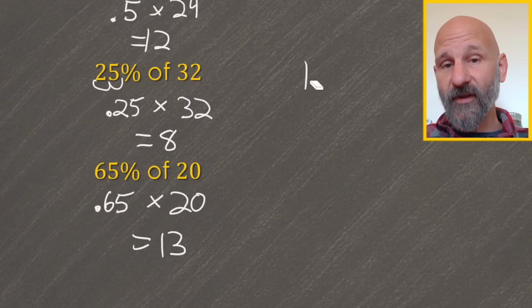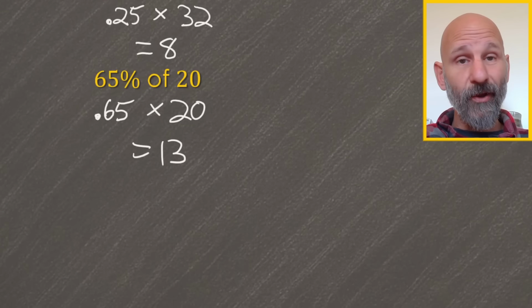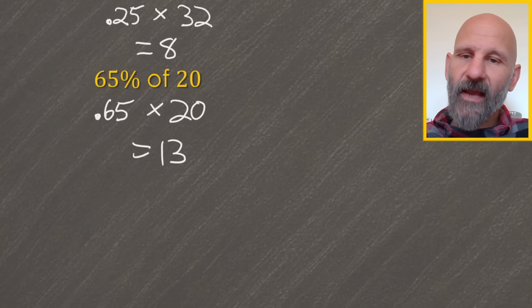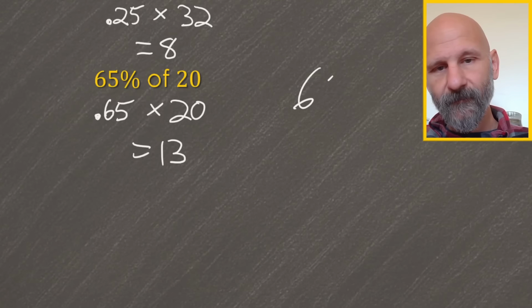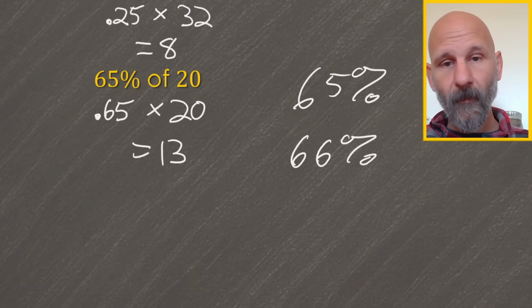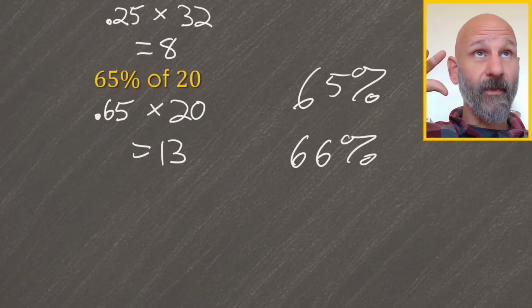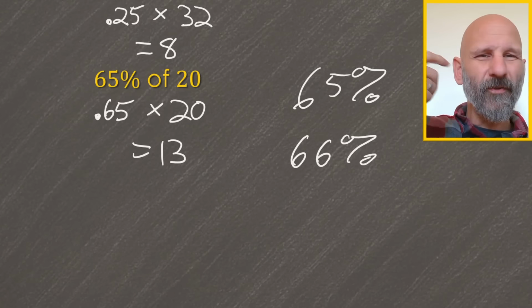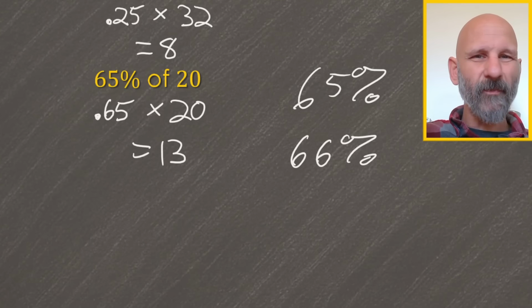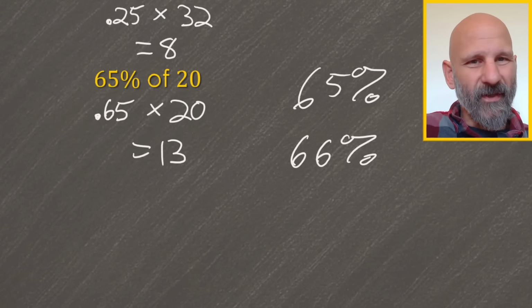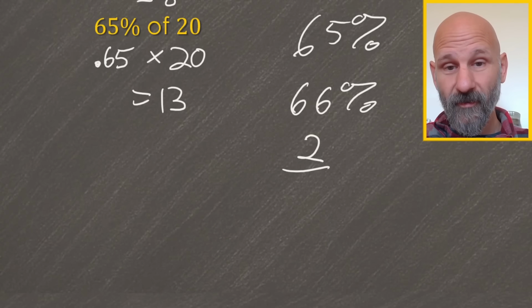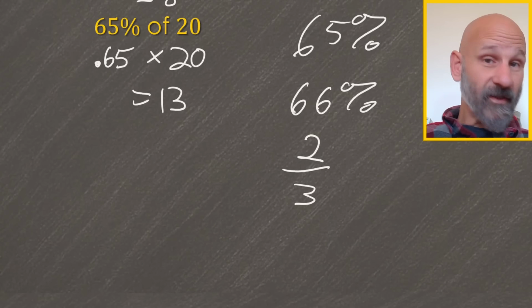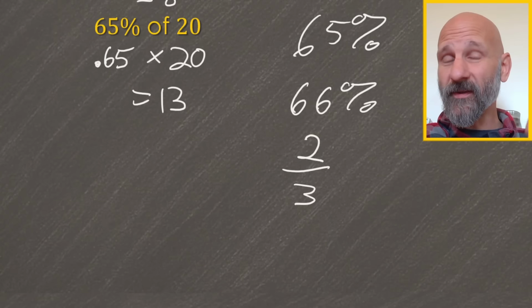Now, the 65%, that one's a little bit tricky to do. Again, we're thinking percents. So 65% is really close to 66%. What I'm thinking is, okay, I want to do mental arithmetic. I just want to get a quick estimate. 66% is also really close to 2/3. 66% and 2/3 are almost the same.